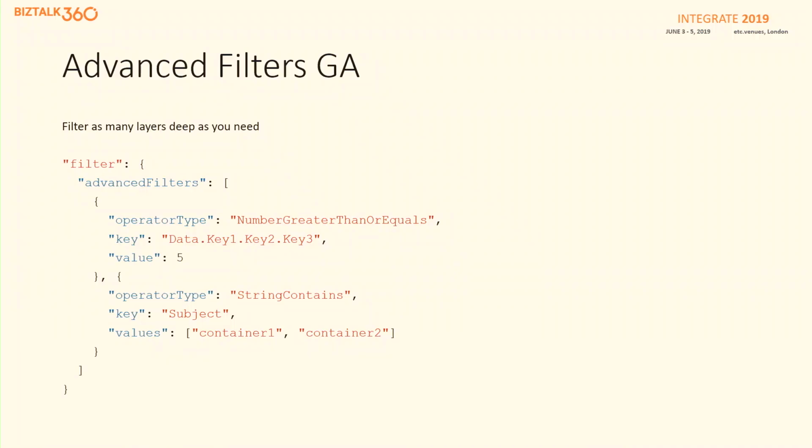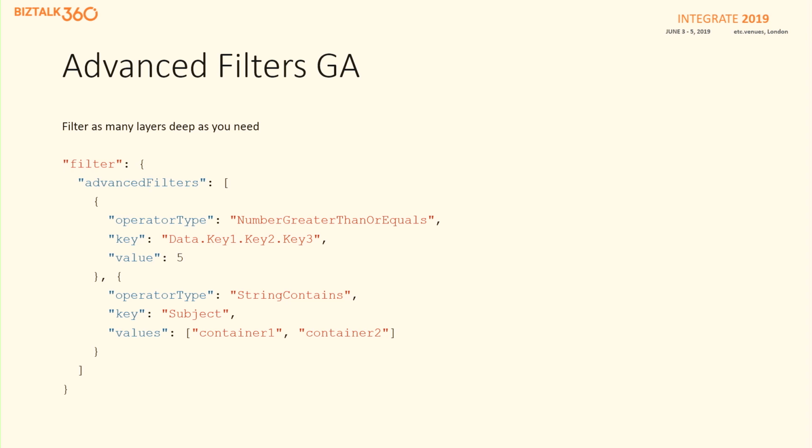And one thing to keep in mind is the and/or semantics. Within a given operator, multiple values, such as container1 and container2 as the values for string contains on subject, that's an or operator.